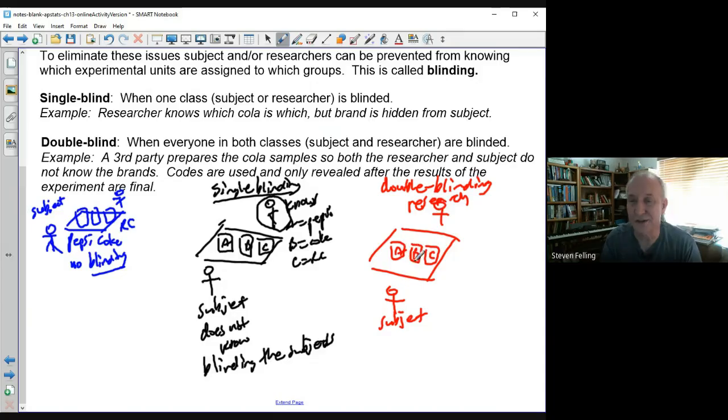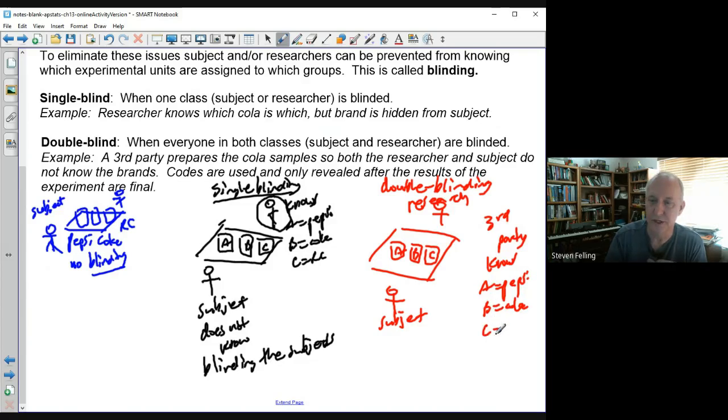Now, of course, somebody has to know, so you have to employ a third party. There has to be an organization that knows that cup A contains Pepsi, and cup B contains Coke, and cup C contains RC, and they tell the researchers after the experiment is done.